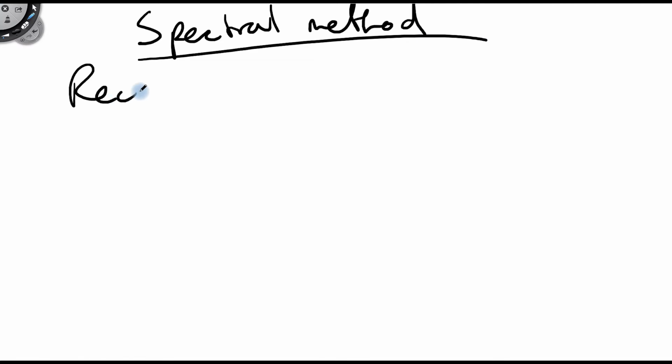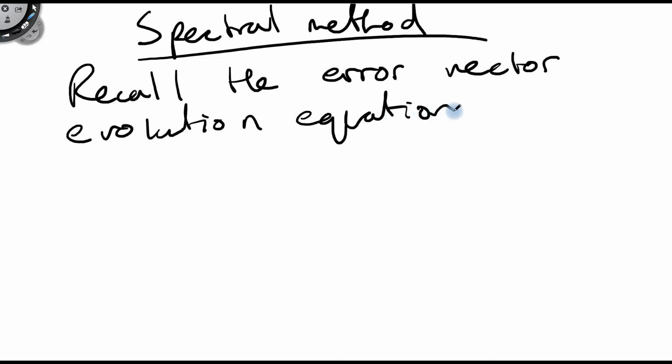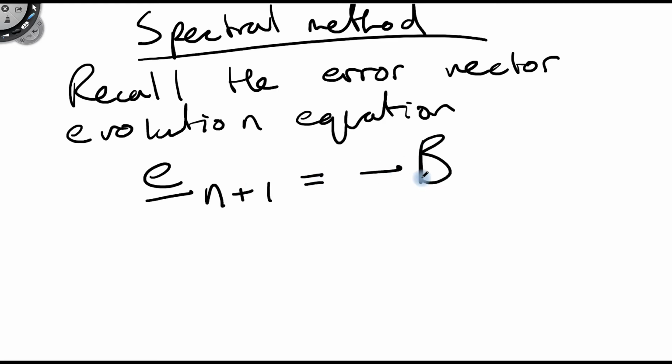So recall the error vector evolution equation that we derived before. Remember, the error is simply the numerical minus the true solution. The reason the B matrix is so central to this problem is that the error evolves under the B matrix.